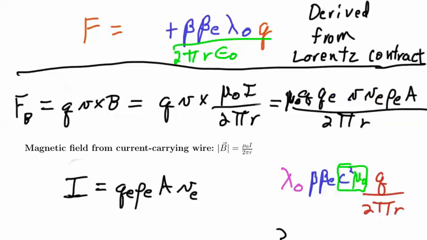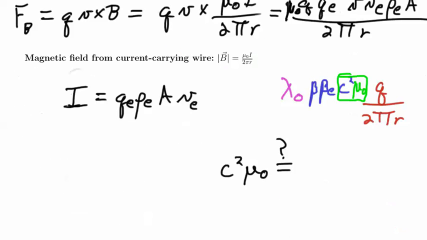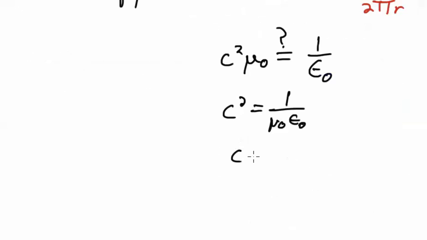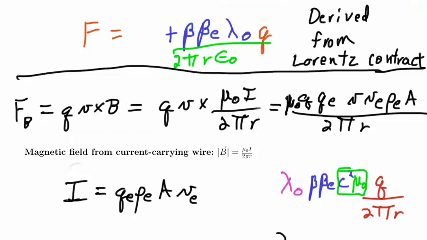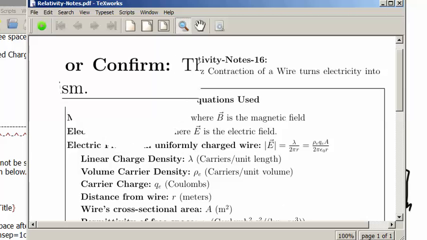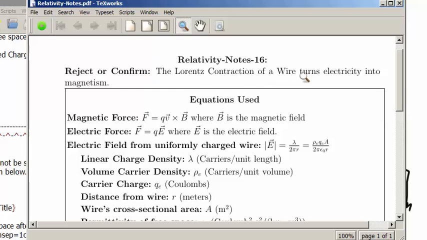And is it true that C squared equals 1 over mu sub naught epsilon naught? Is it true that C equals 1 over the square root of mu sub naught epsilon naught? Yes, it is. So actually, this does appear to confirm that the Lorentz contraction of a wire turns electricity into magnetic.